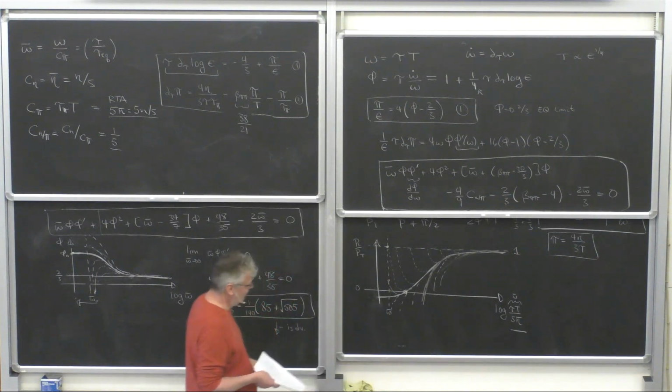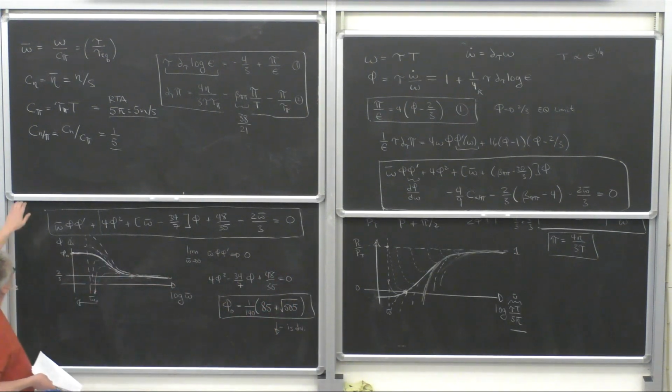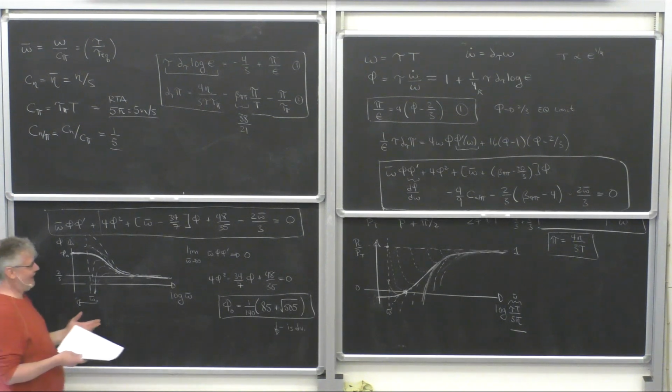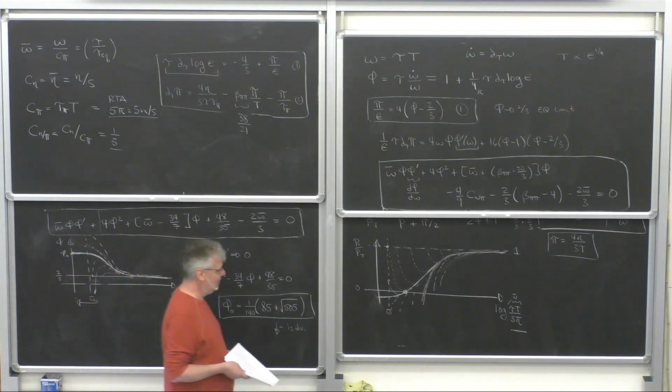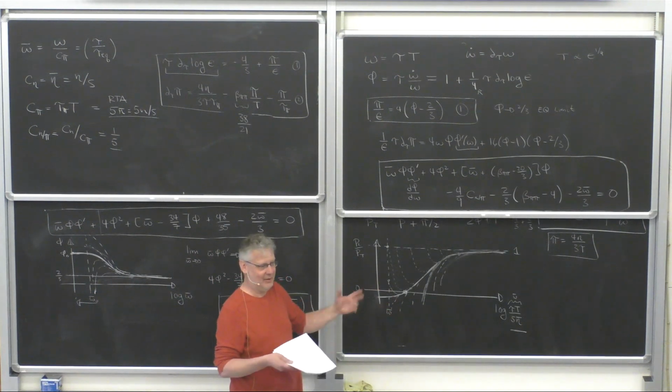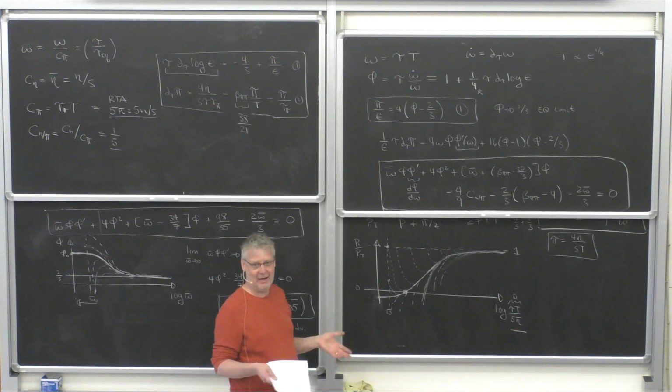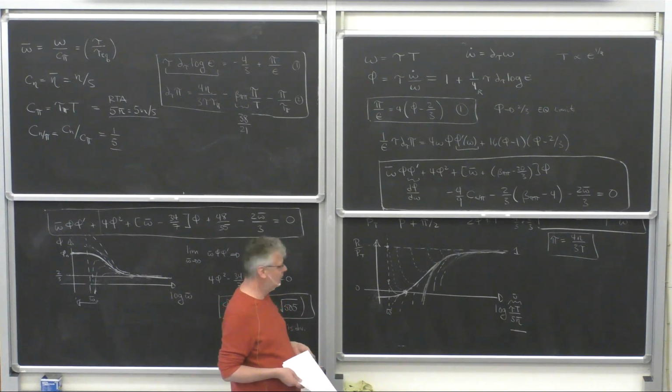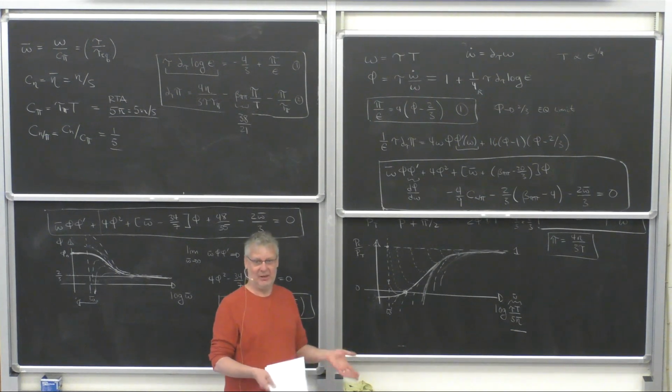So what we can do is start from this simple RTA model that we had up here and solve it exactly. And then we can get the exact attractor out in a theory where we don't need to make any hydrodynamic approximation at all. It's a simple theory, but it's one that we can solve exactly.